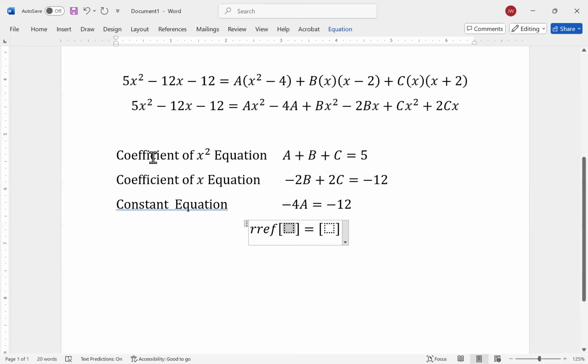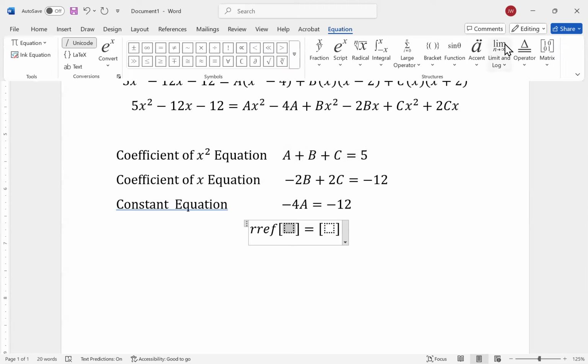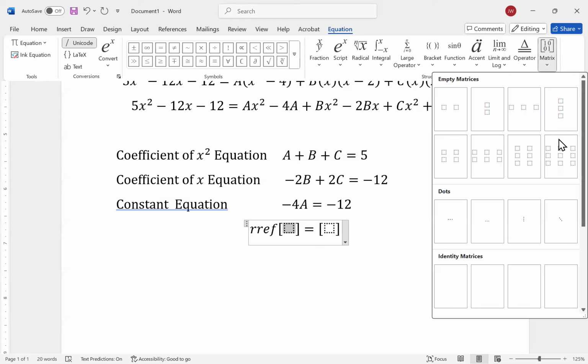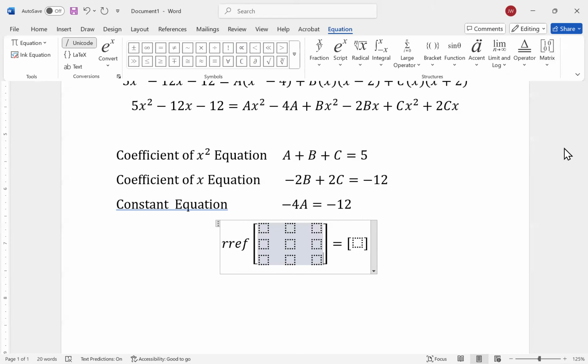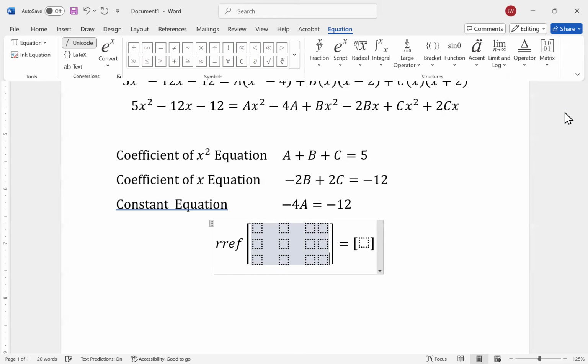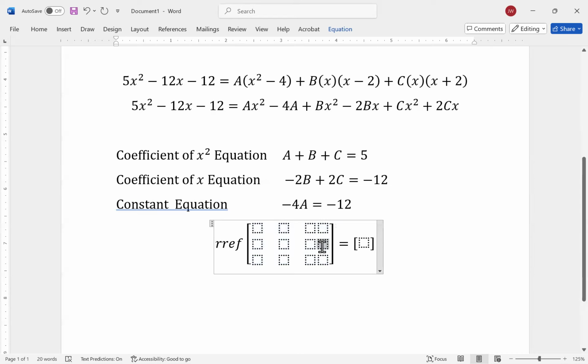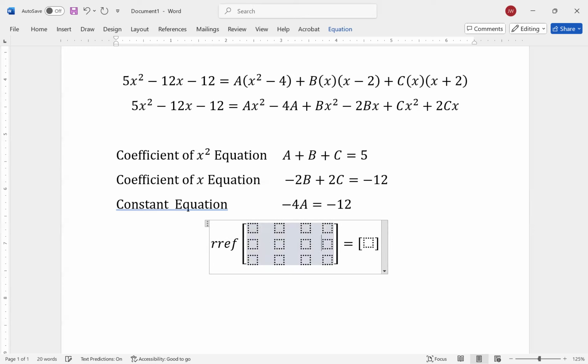Because I have 3 equations and 3 variables plus a constant, my matrix is going to have 3 rows and 4 columns.